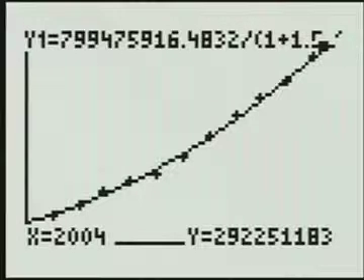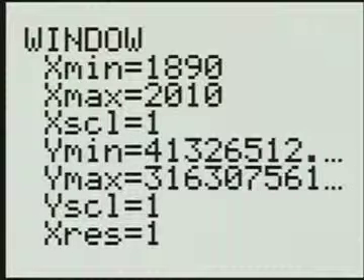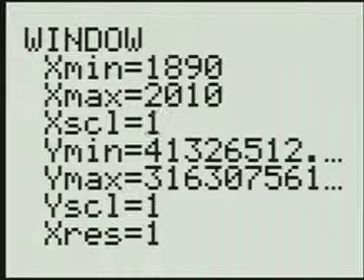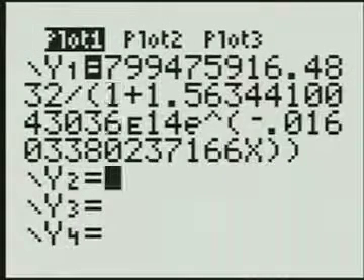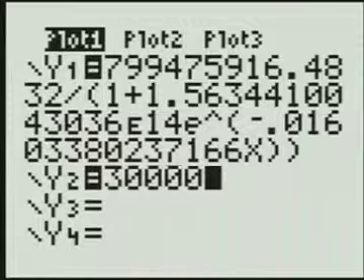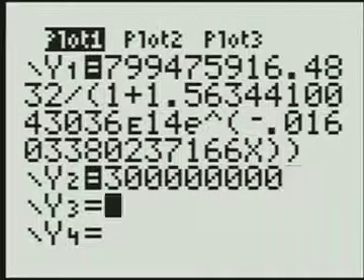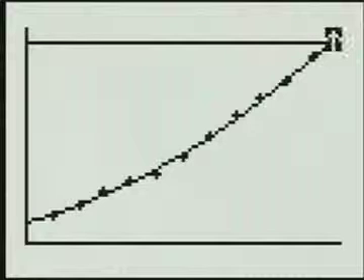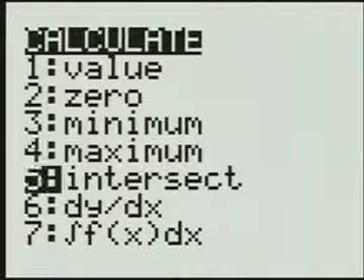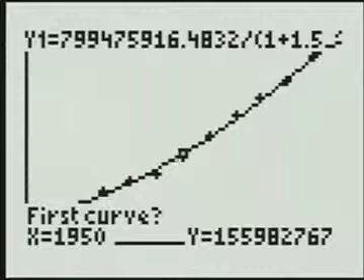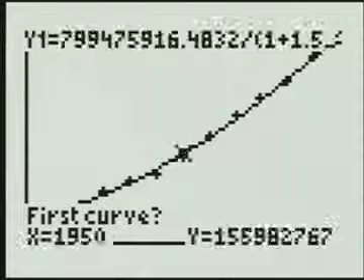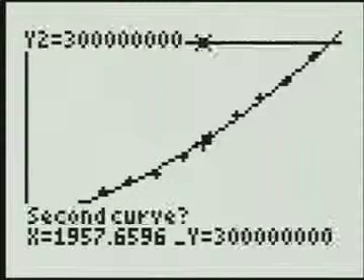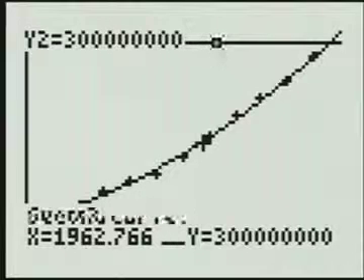Next, what we can do is try and determine when the population of the United States will be 300 million. Again, the easiest way to do this is to graph y equals 300 million on y2. Then if we use the Calc menu with intersect, we want to find out where the graph of y1 intersects with the graph of y2.